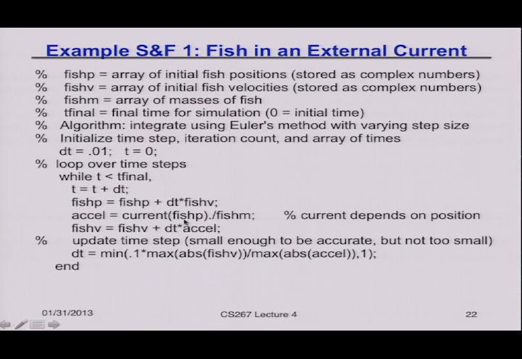Then, once I know my position, I can do F equals ma, divide the current by the mass, get my acceleration, and then use the same simple formula to update the velocity. The velocity is going to move in a straight line for a hundredth of a second and change by the acceleration. So that's the simplest kind of algorithm that you could imagine.